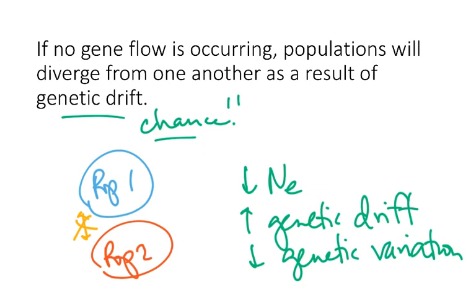But if you have isolated populations, that can't happen. So in isolated populations, drift is going to have a really strong effect. Your populations are going to differentiate just due to chance. You're going to have lower effective population sizes, higher effects of drift, and overall lower genetic diversity in these isolated populations.